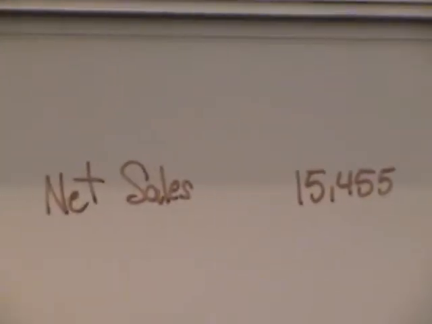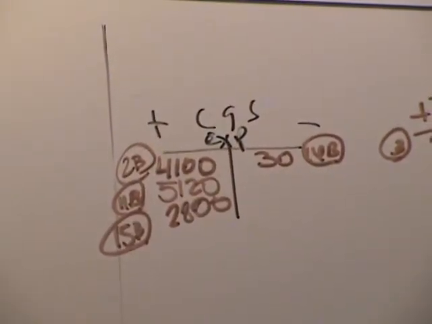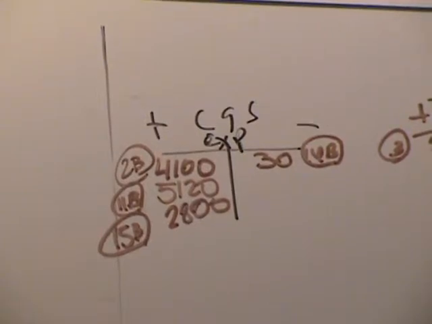Underneath that, write down how much is cost of goods sold. How much is cost of goods sold? 4,100 plus 5,120 plus 2,800 minus 30. You see cost of goods sold up there, in the income statement section, by the revenue?